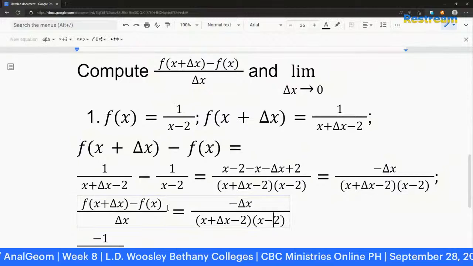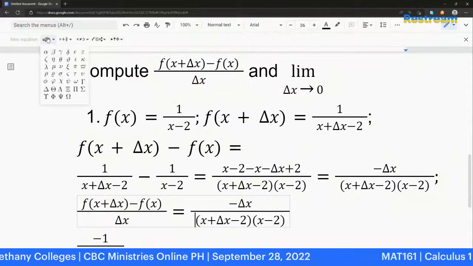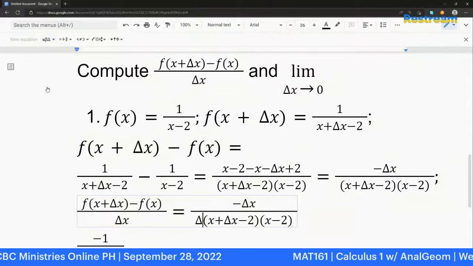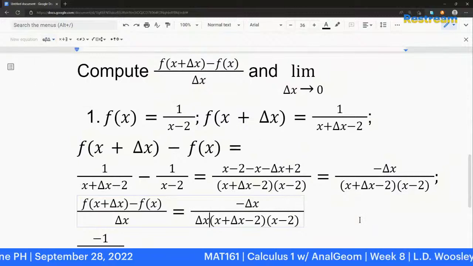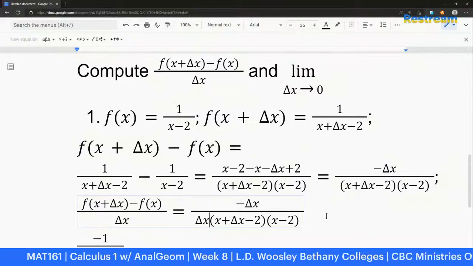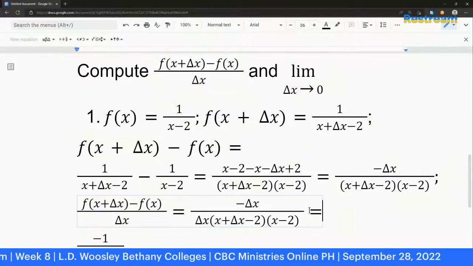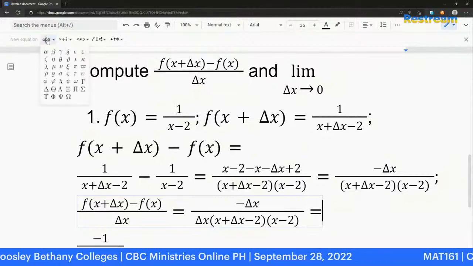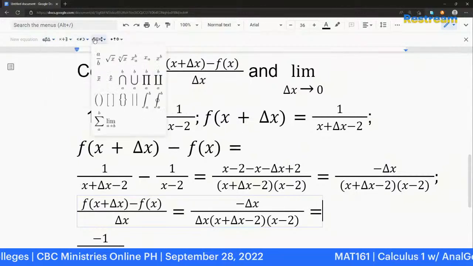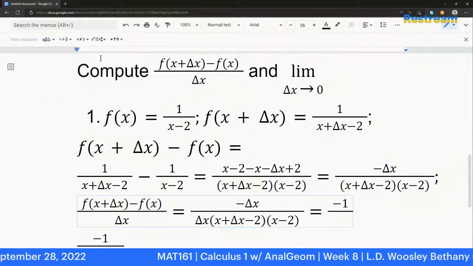Ayan yun, di ba? Pero may delta x dito. Ayan. O, gets na ba, Nora? Ang lalabas dyan, as I continue, lalabas.